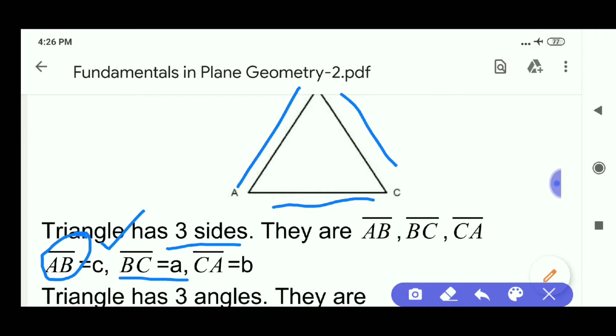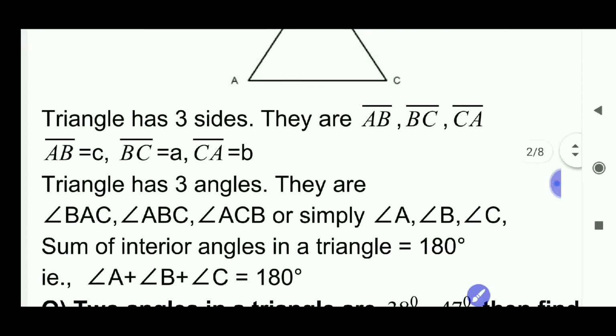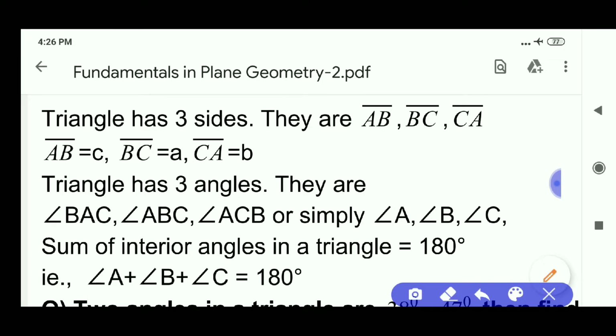Similarly, BC can be written with small a, CA as small b. A triangle has three angles: angle BAC, angle ABC, angle ACB. Simply we can write angle A, angle B and angle C.